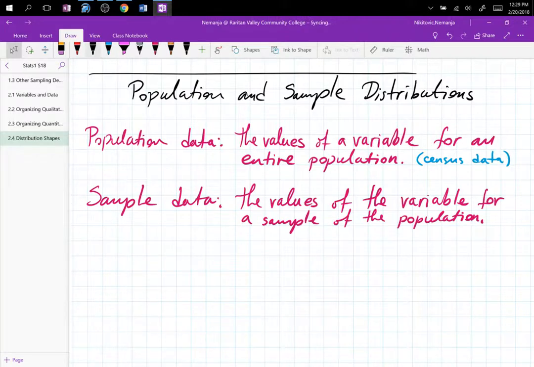And we have 2 more definitions. I'll use a different red for the population and sample distributions. So again, just adding words to what you already know.